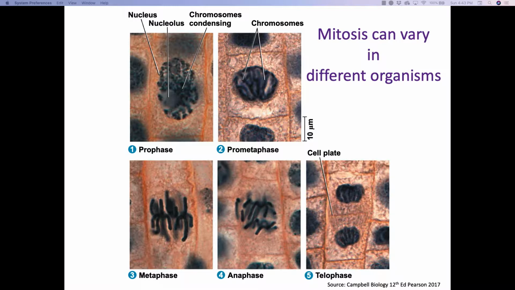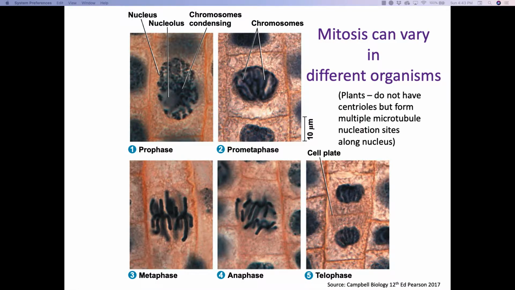In plant cells, for example, they lack centrioles. They still contain microtubule organizing centers, but they're more spread out and there seem to be more of them around the nuclear membrane. When the nuclear membrane breaks down, these microtubules can attach to the kinetochores and they will still form a bipolar spindle. So there are still two ends.